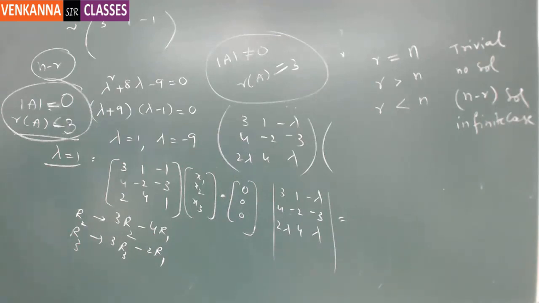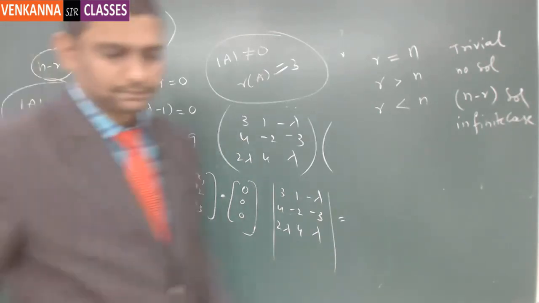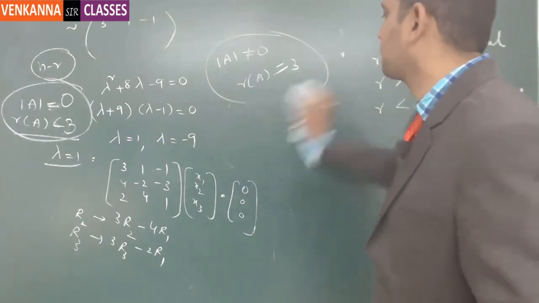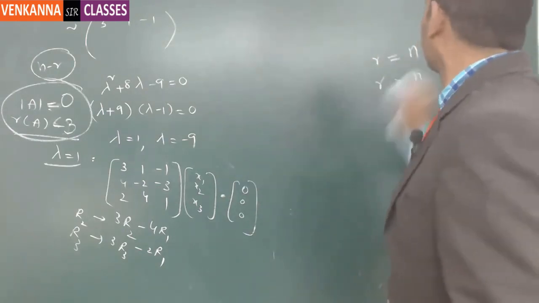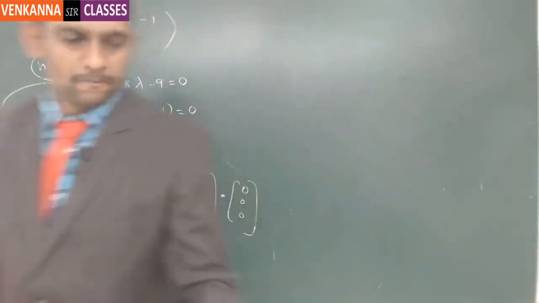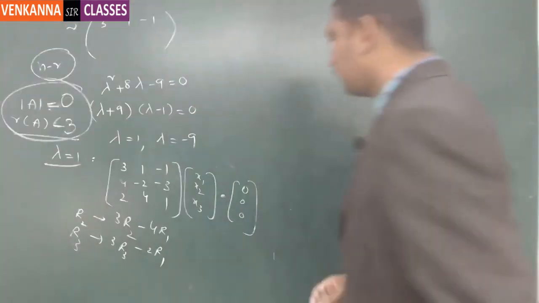So please apply these row operations on this. And can you give me the matrix form there? After applying the row operations, how will it be?